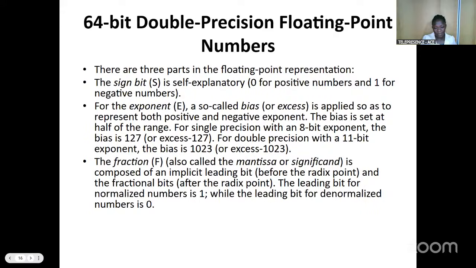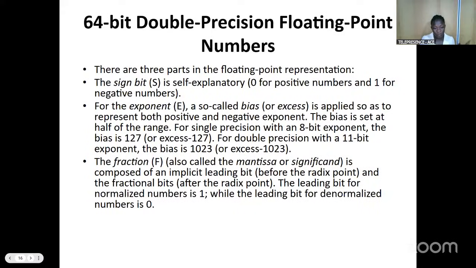For the exponent, we can also call it bias or excess, which is applied so as to represent both positive and negative exponents. The bias is set as half of the range. For a single precision with an 8-bit exponent, the bias is 127 by default, or excess minus 127 if it's negative.